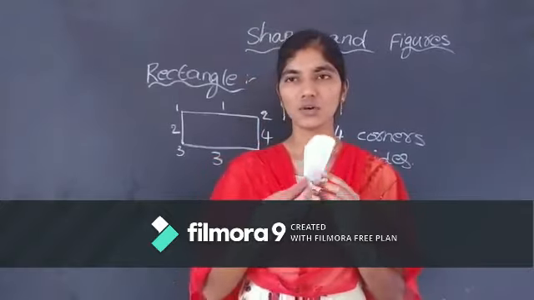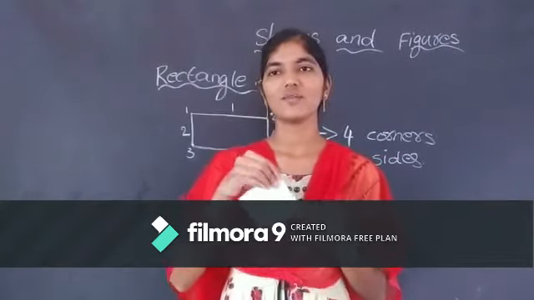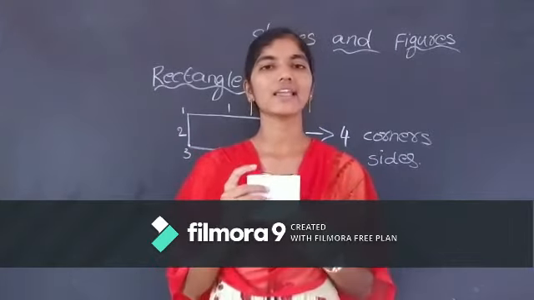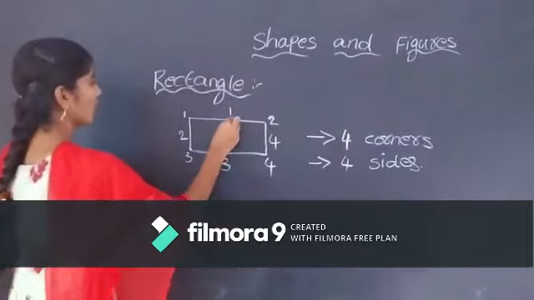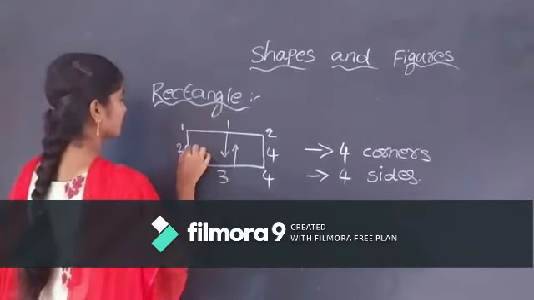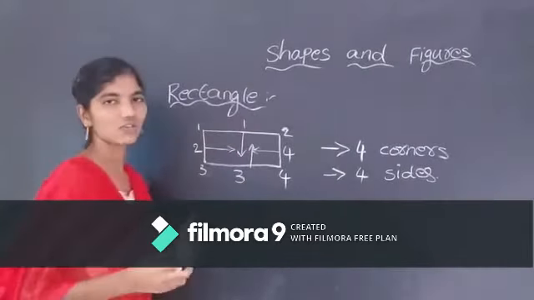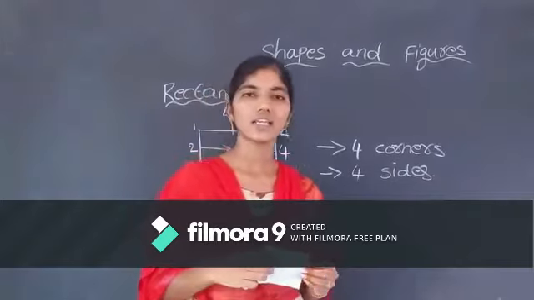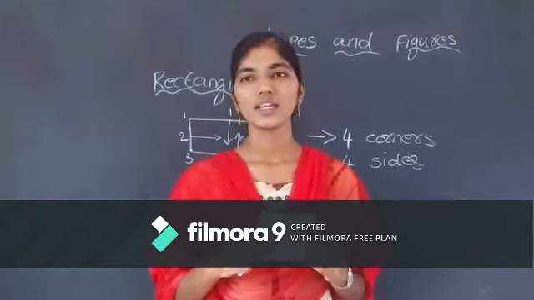The sides coincide, so opposite sides are equal. In a rectangle, opposite sides are equal. In a square, 4 sides are equal, but in a rectangle, opposite sides are equal.